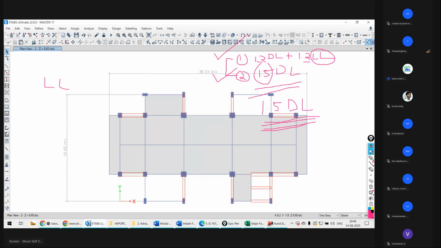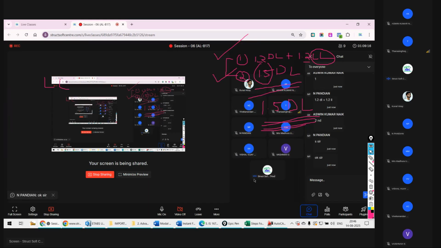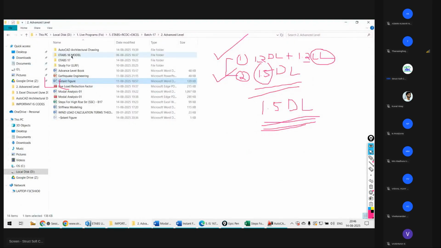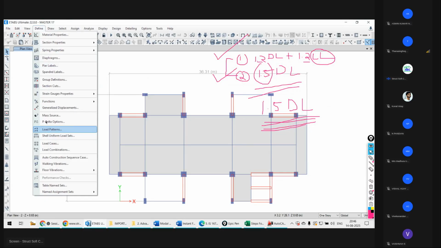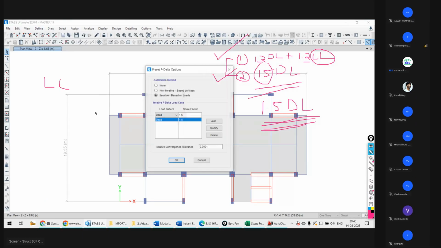Your P delta definition is done. Just a few seconds are required to define it. I need to go to ETABS and go to define, P delta option.